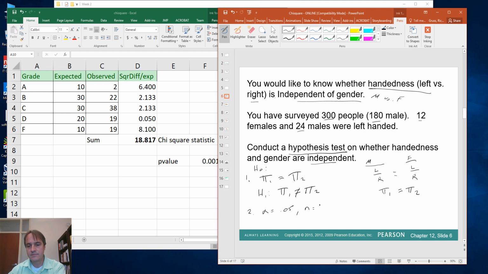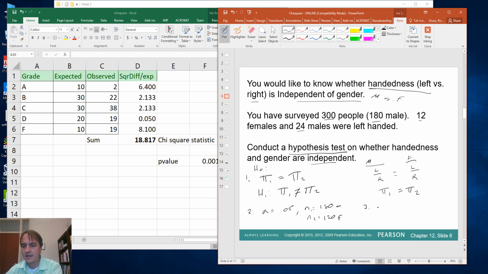We'll go ahead and, when defining our n, we'll do our n1 and our n2. So we've got 180 males, and it's 300, so it was 120 females. Okay, so now we need to decide our distribution and our test statistic.